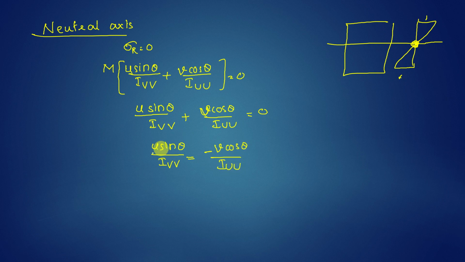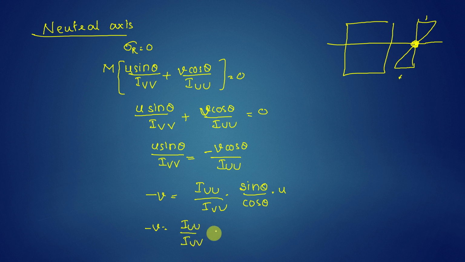So let me take it here: minus v is equal to Iuu by Ivv, and what is remaining here? u is remaining, and sin theta and cos theta. So sin theta by cos theta is tan theta: Iuu by Ivv into tan theta into u. So that is v.